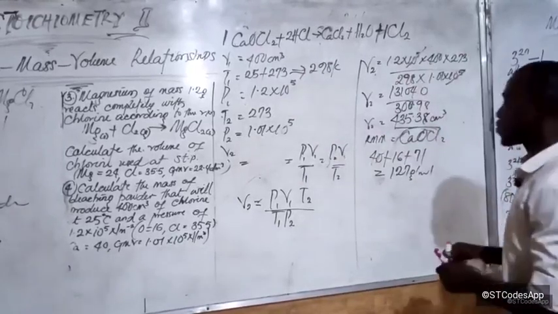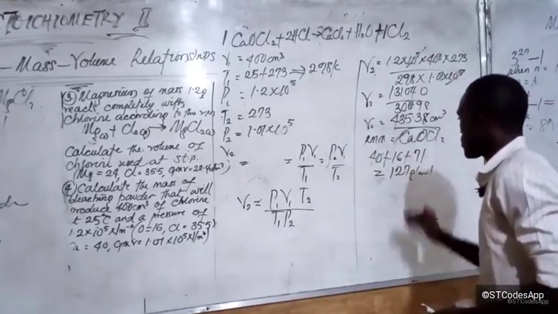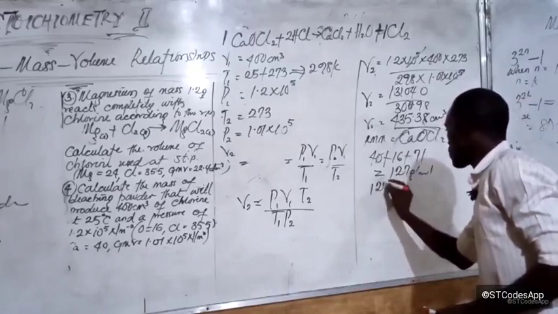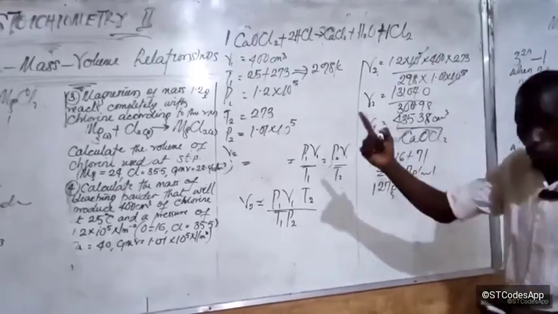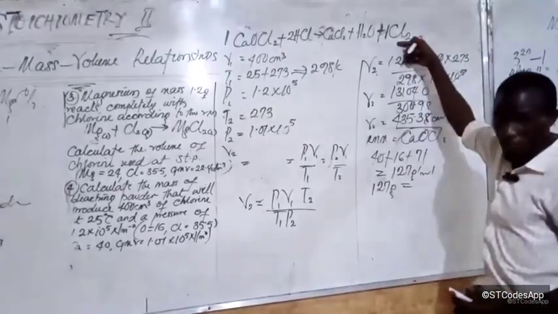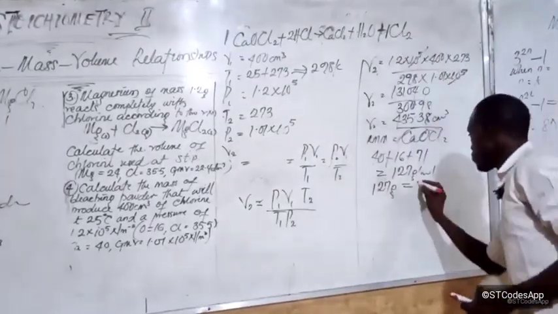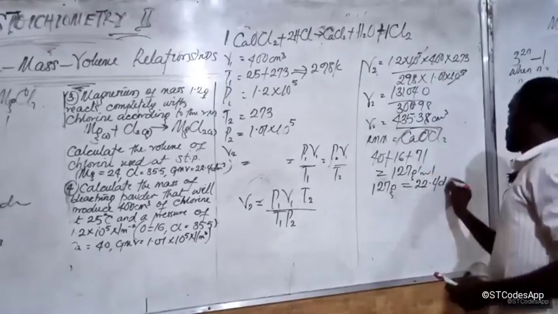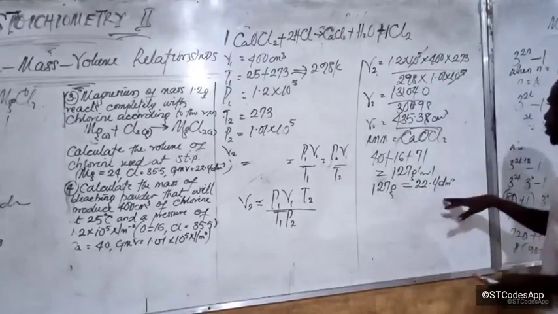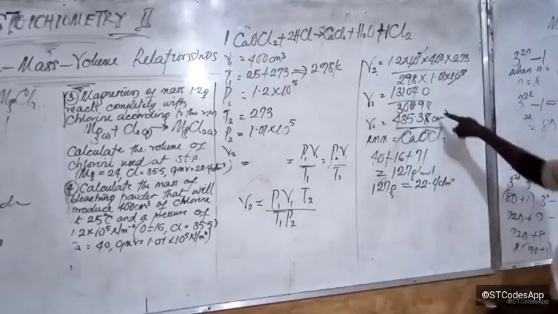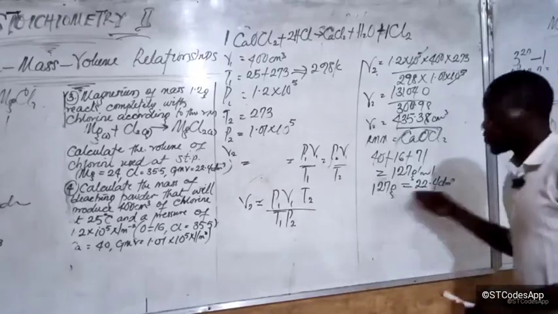Now, we have that when 127 grams per mole reacts, that is 1 mole, and 1 mole of this is provided. And what is 1 mole of this? 22.4 dm cube. Or you say in centimeter cube, basically multiply by 1000. But let's use dm cube so that I don't confuse some people.